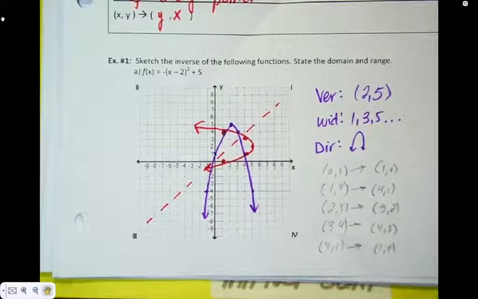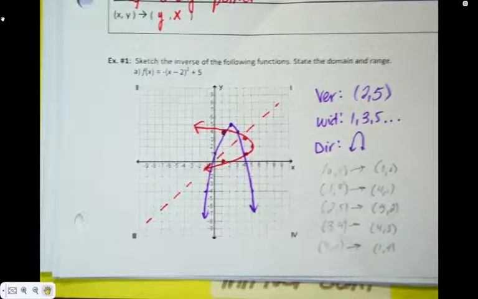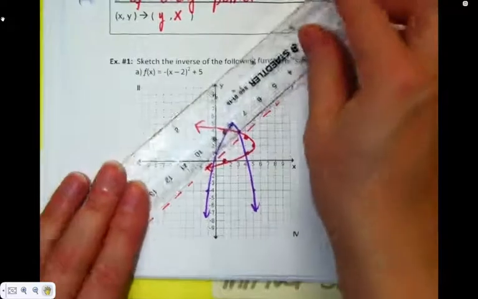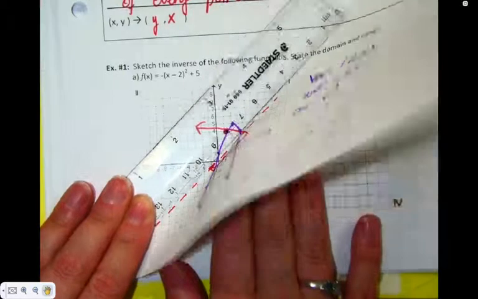Yeah, absolutely. You can just actually do the vertex and count. You just have to remember to count sideways, not count up and down. Again, if you want to check it, that's why I like to draw this line, and I just flip it over, and I go, does it end up back where it should be? Does it end up on each other?